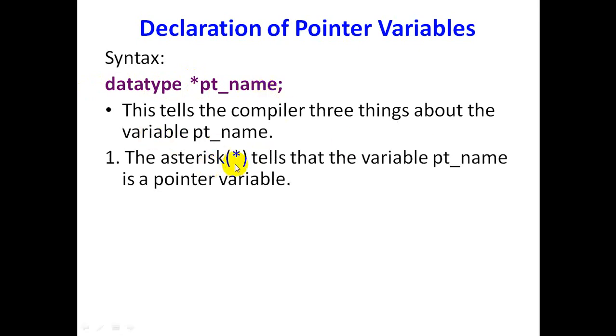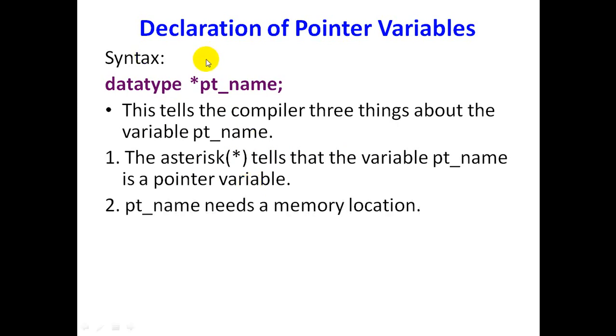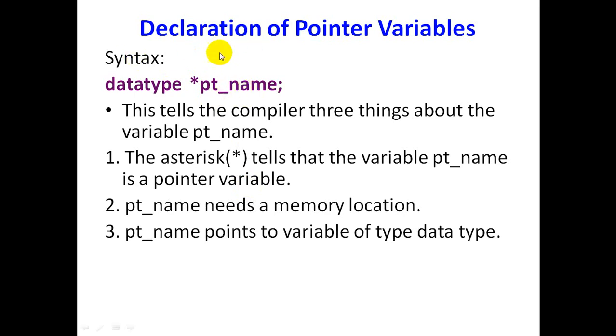This asterisk symbol tells that the variable pt underscore name is a pointer variable. Next, this pt underscore name needs some memory location, and this pointer variable is of some data type.